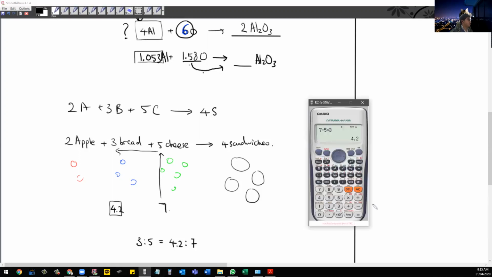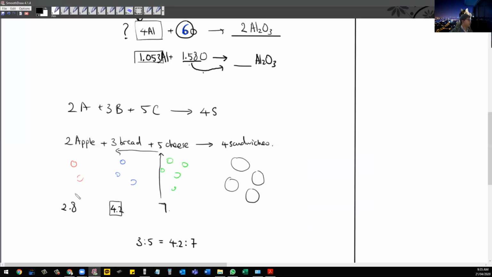So in a similar way, you do 7 divided by 5 times by 2. Then you get 2.8. You can also do 4.2, which you actually derive from 7, right? So you can actually do 4.2 divided by 3 times by 2. You still get the same answer, right? So that's 2.8 over here.